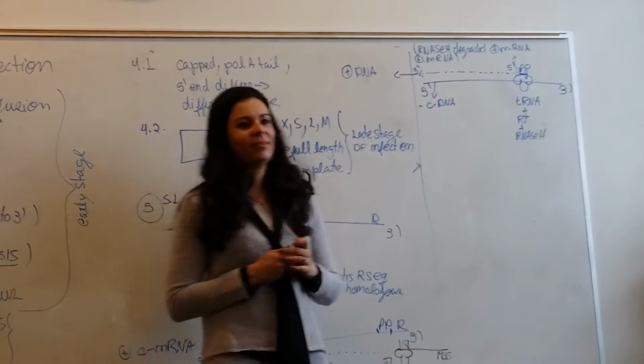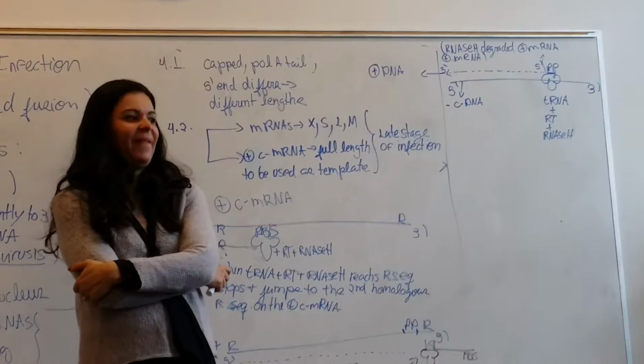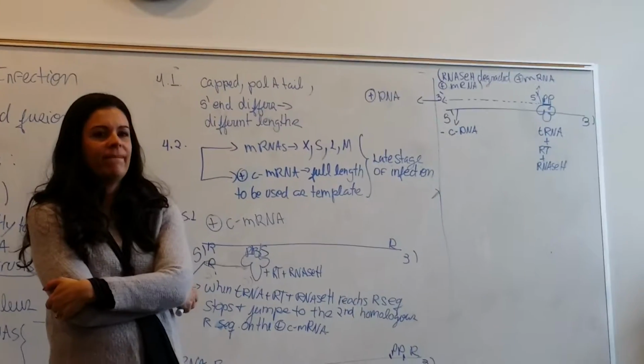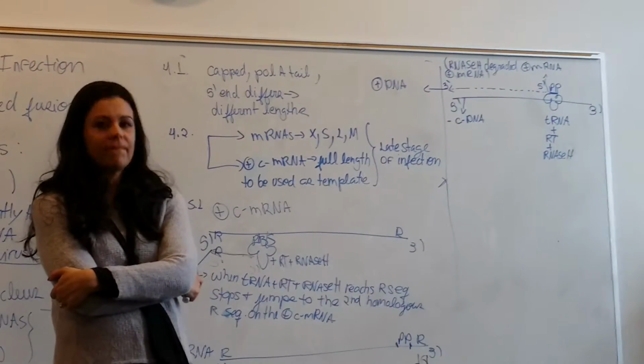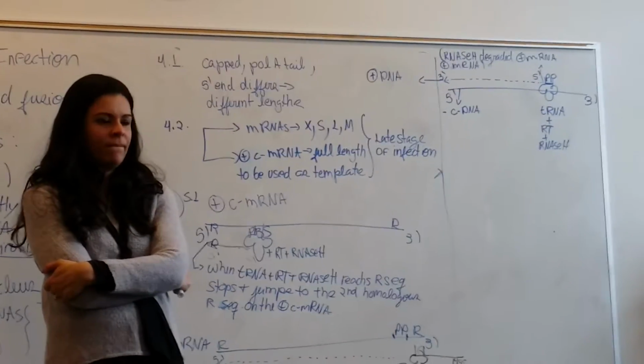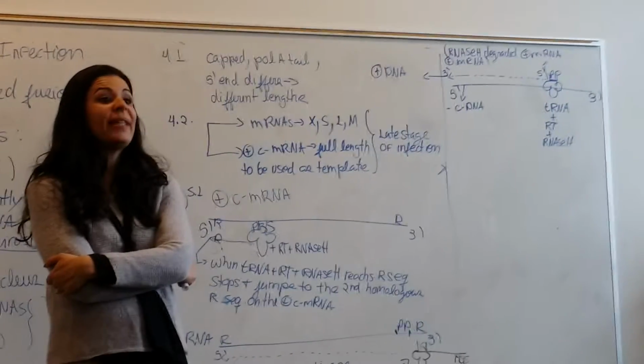Could you say that one more time? Go ahead, Kiana. When we just learned about double-stranded viruses, when it's completely double-stranded, it was harder for it to separate and continue on for transcription, because it evaded the cellular immune system.